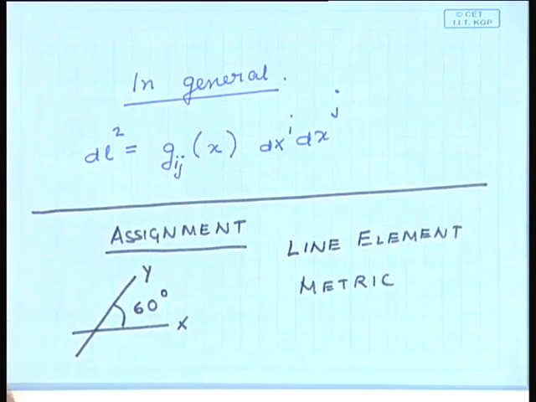So find out what the components of the metric are in this coordinate system. So in the past few minutes, I have told you what we mean by a metric. What's the utility of a metric? It essentially is to be used to calculate distances between points.